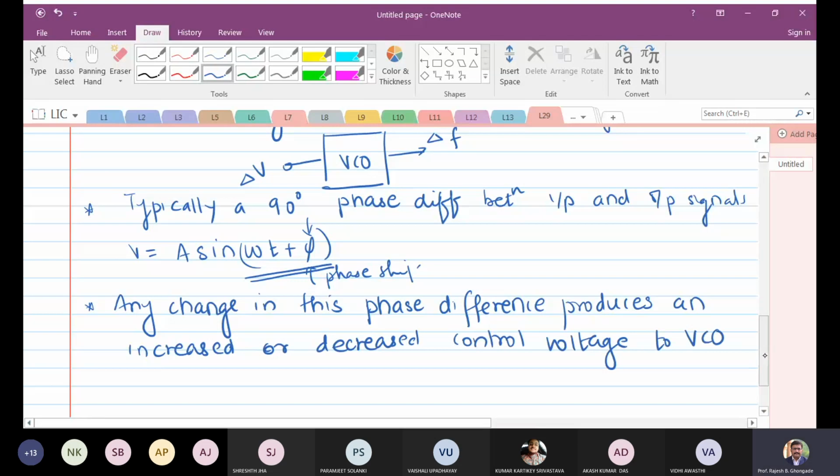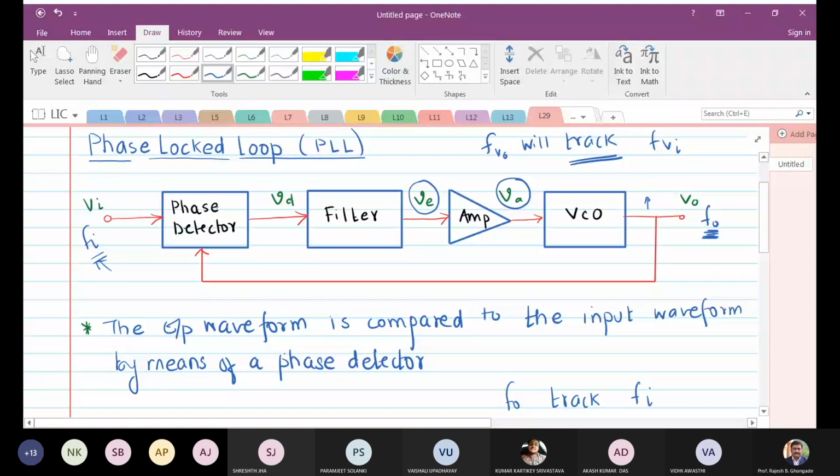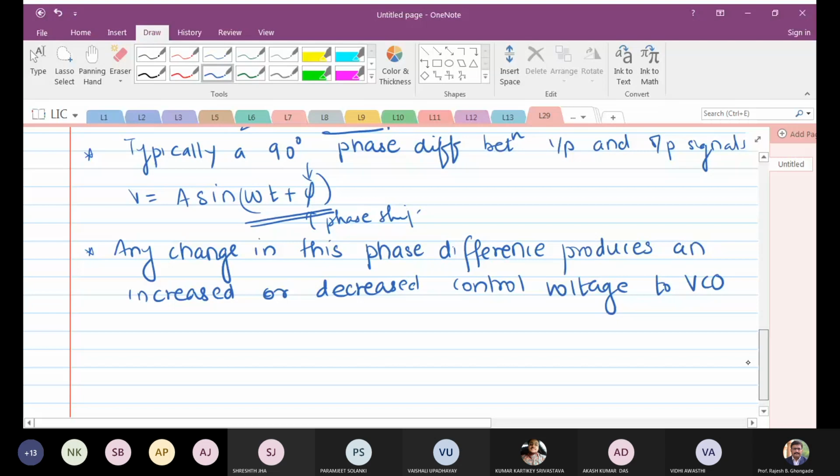So now do you agree to one thing, that whatever is the phase difference detected by the phase detector, whatever voltage is generated is proportional to the phase difference? Okay. Yes, sir.